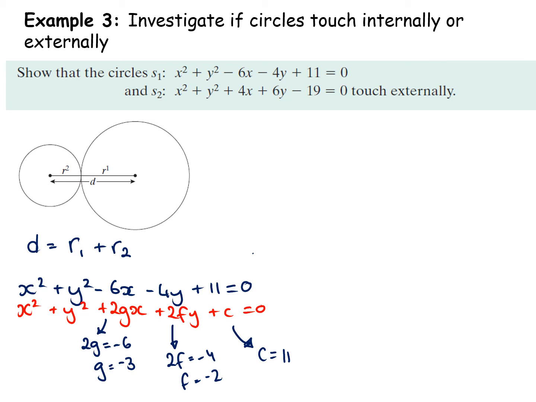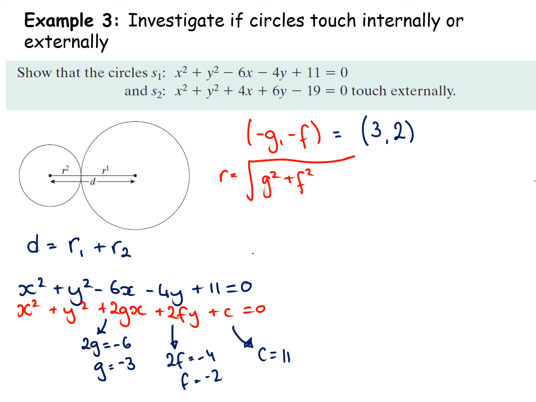And then from the log tables as well, they tell us that the center is (-g, -f). So my center for this circle is -g, which is 3, and -f, which is 2. And they also tell us the radius is equal to the square root of g squared plus f squared minus c, which for us is the square root of -3 squared plus -2 squared minus 11.